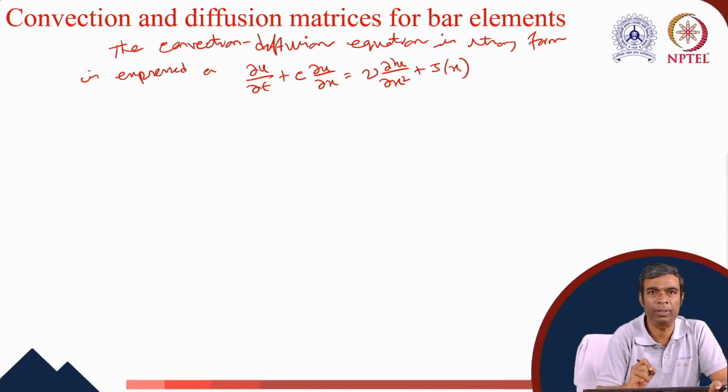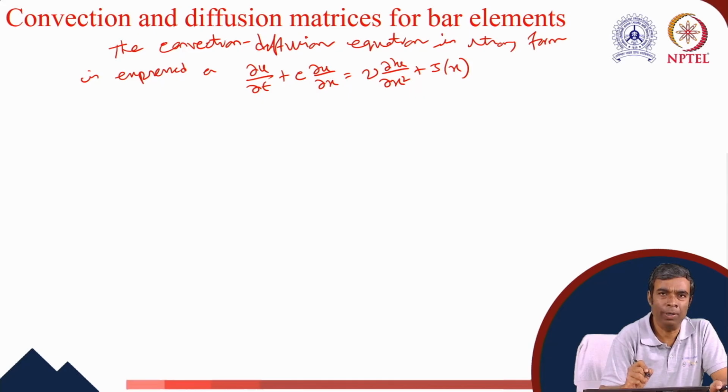So this equation we have already dealt with in the first lecture of this module. So we have already got the expressions for the convection matrix, diffusion matrix as well as the mass matrices.